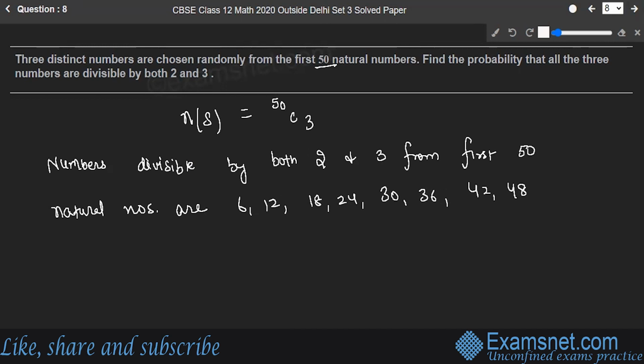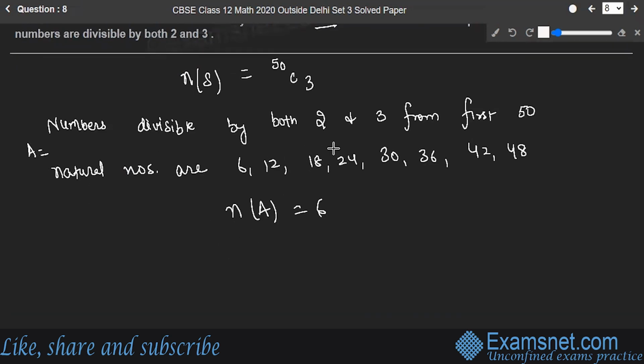Simply you have to move with the table of 6. Let's say this is equal to A. So here the number of A is equal to 8, counting 1, 2, 3, 4 and so on.